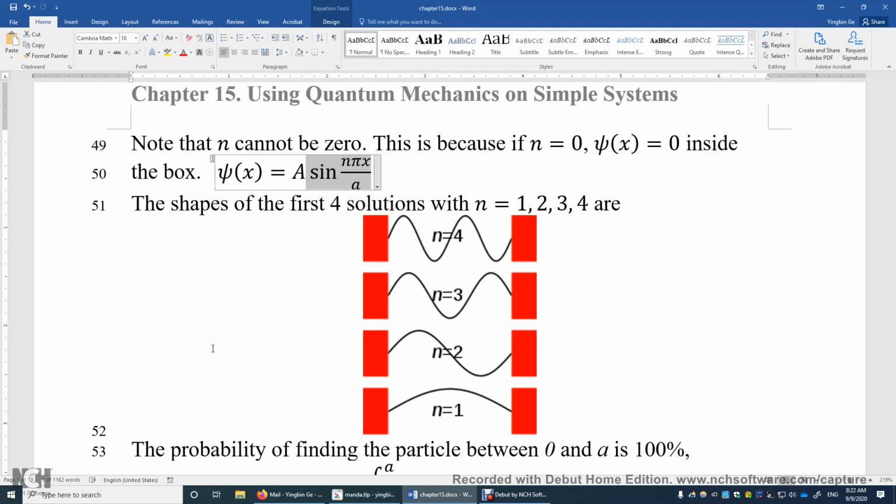In the bonding sigma orbital, there's no node. When you look at this anti-bonding sigma, there's 1 node. The more nodes you have in the molecular orbital, the higher energy this orbital has. Same here, actually. If you look at the quantum numbers, when n increases, the number of nodes increases, and also the energy increases.